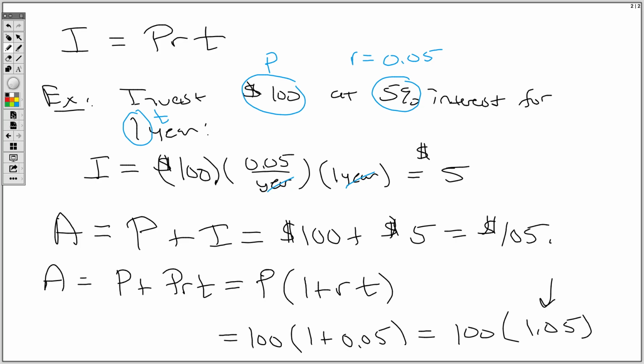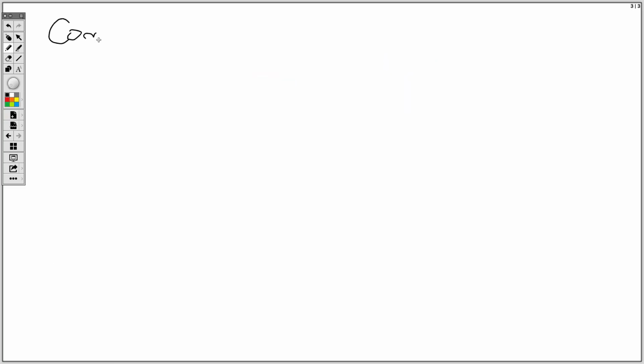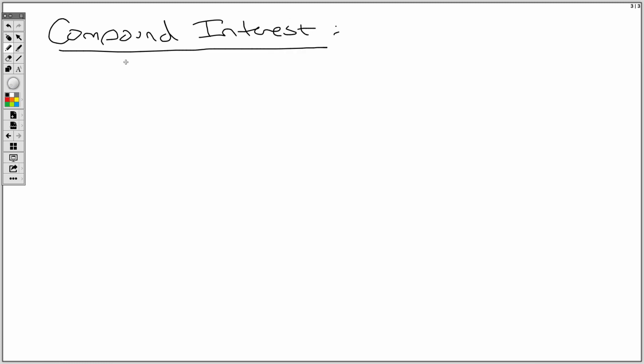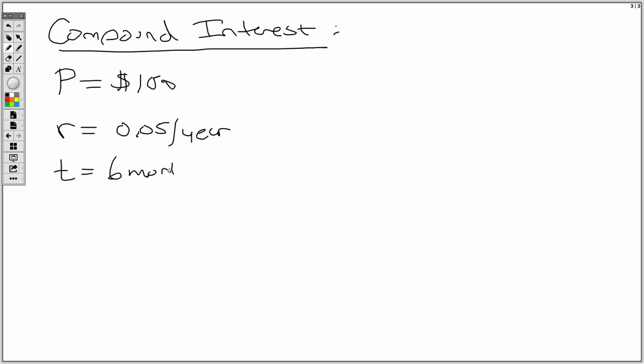So let's talk about the notion of compound interest then. Let's take the same scenario. Let's say you take that initial amount, your principal is still $100. Your rate is 5% per year. And let's say you leave it in for 6 months. So 6 months, that's half a year.